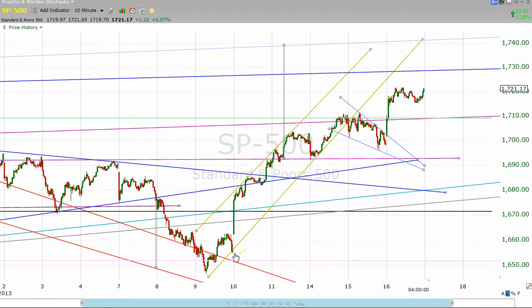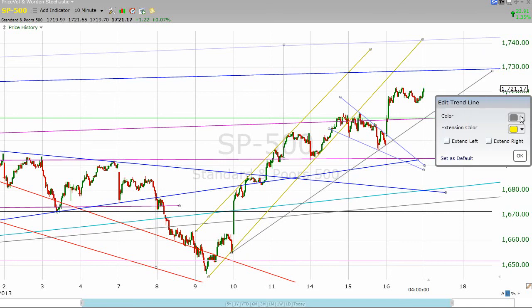Let's start back here with this dip, and let's draw a line right here. And let's see if looking forward into the days and maybe weeks to come, this line tells us anything as we move ahead.